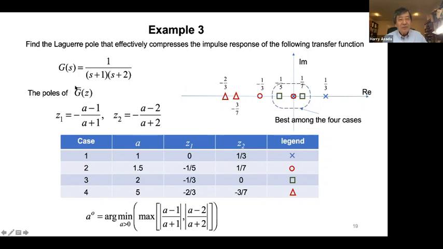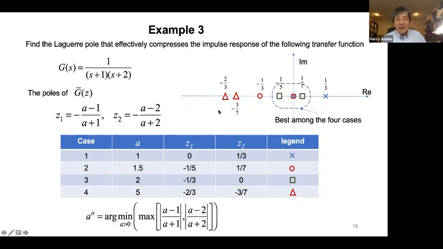So the poles of G bar, just going through the same process. s is replaced by that function, and for G(z) bar, the two poles can be computed in this way. Okay, depending on the choice of a, the location of z1, z2 may be different, right?